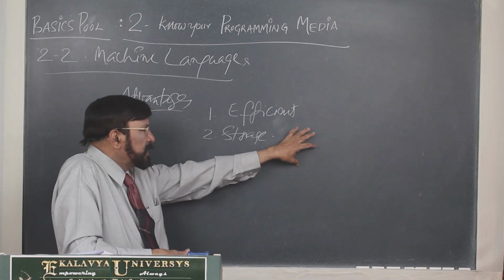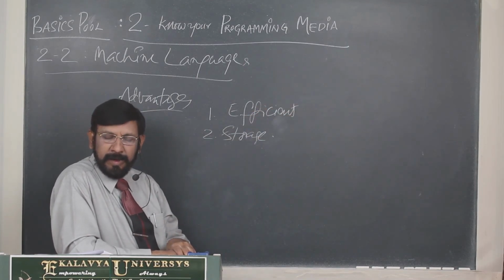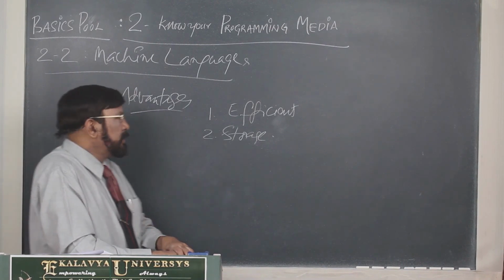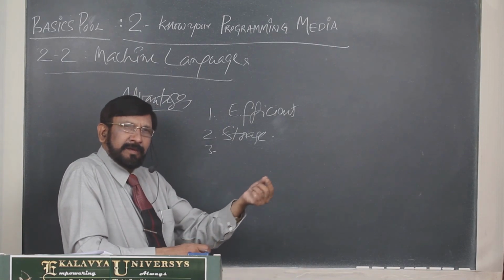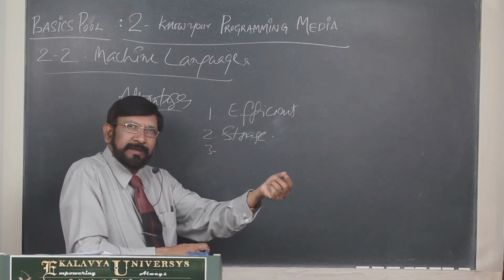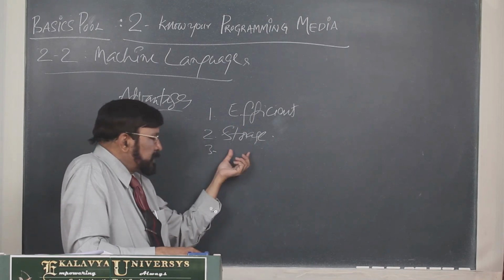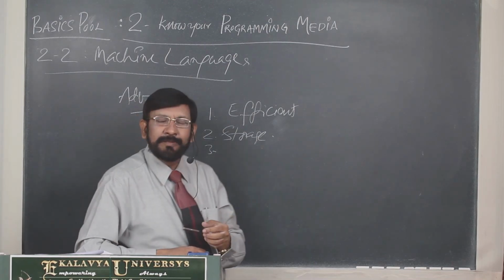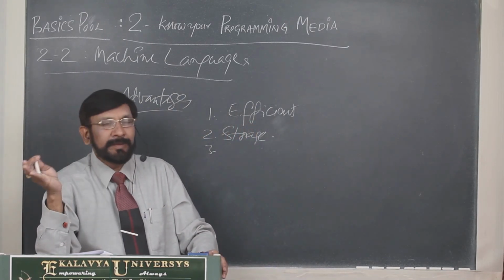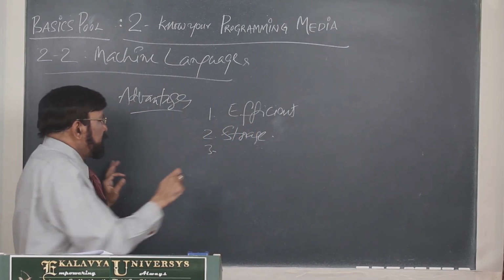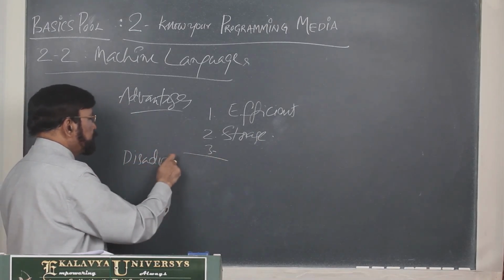Storage space can be used economically, and programs are executed very fast. And actually, one more also we tell. Here the operations are made at bit level; the bits are manipulated at a bit level within a byte. These are the three advantages, and there are many disadvantages also.